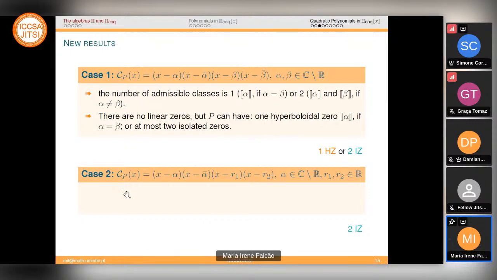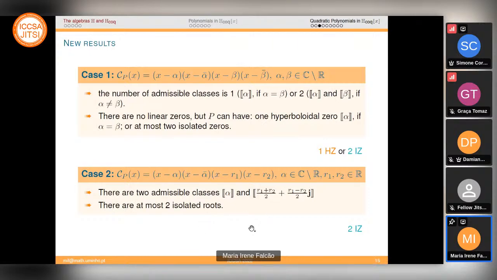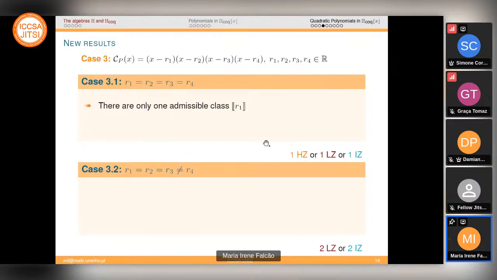In the case where we have one complex root and its conjugate, of course, and two real roots, then there are at most two isolated zeros, nothing more than this. Then we have more cases where the roots are all real. If the roots are all equal, then we can have one hyperboloidal zero or one linear zero or one isolated zero. And we have studied all the cases.